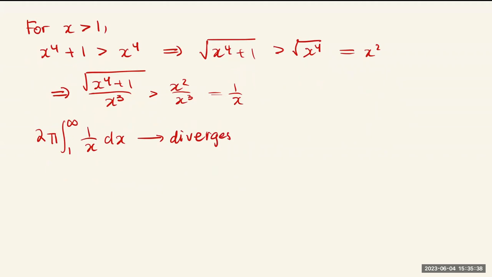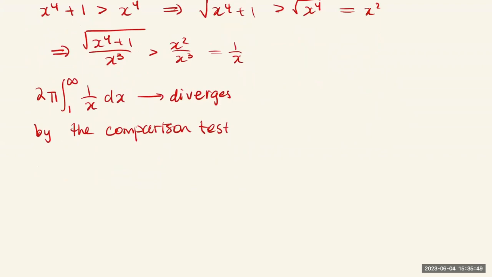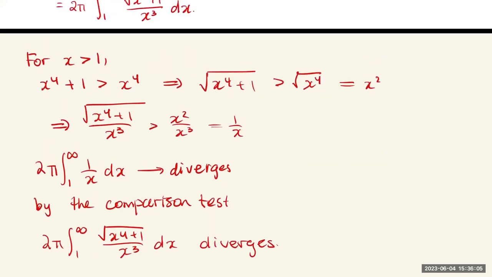So by the comparison test, we then conclude that 2 pi, 1 to infinity, the square root of x to the 4 plus 1, divided by x cubed dx diverges. So what can we conclude here?